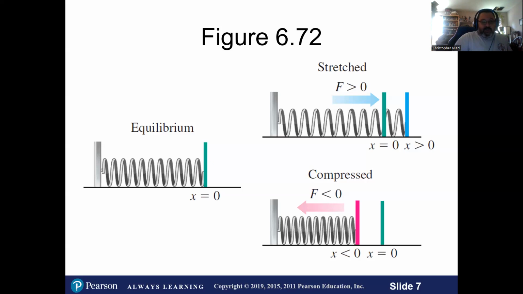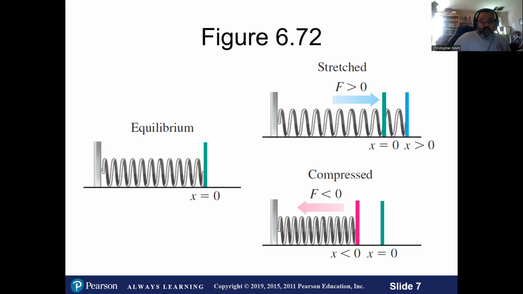We all know what springs are. The spring will be at equilibrium, when the spring is relaxed and no force is being applied to it. That is our point x equals 0.